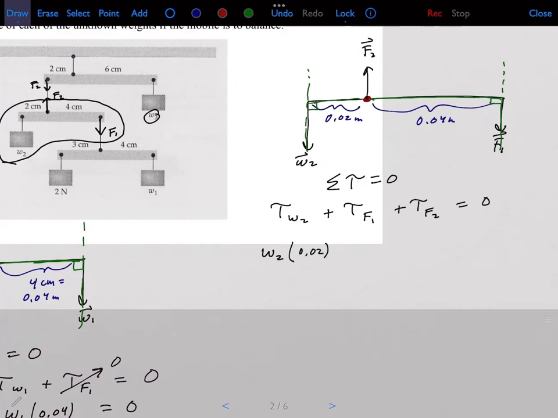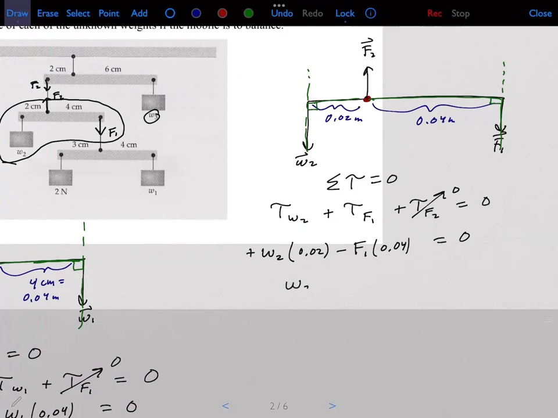And since it would cause this thing to rotate counterclockwise, that'll be positive. Then the torque due to F1 is going to be F1, that magnitude, times the moment arm. And that would cause it to rotate clockwise, so that's going to be negative. And then the torque due to F2 is going to be 0, again, because the moment arm is 0, right? So that's equal to 0.